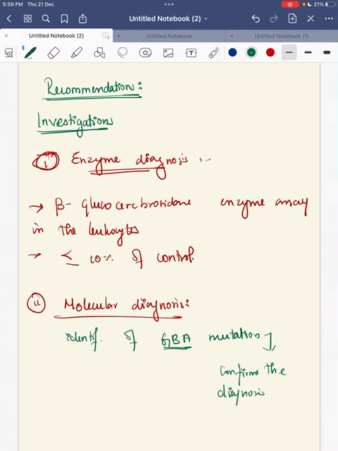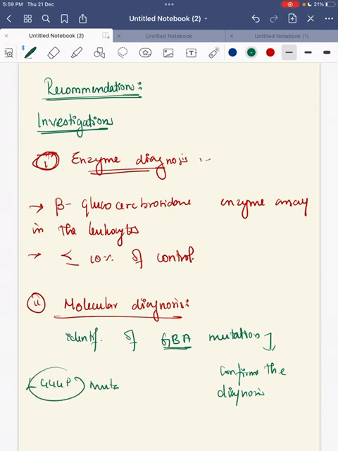Not only confirmation, it also helps in prognostication, prenatal diagnosis and also carrier testing.